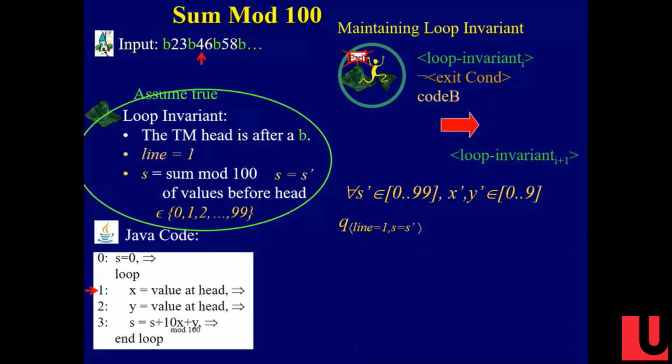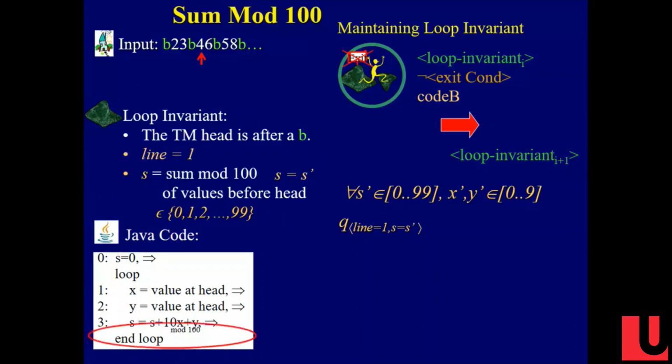Everybody got it? And how did you get that? You got that from the loop invariant. Does that make sense? That's why you need to understand loop invariants, so you can know what state you're in at the top of the loop. So then you say, oh, I'm in line 1. The loop invariant told me how to get this state.